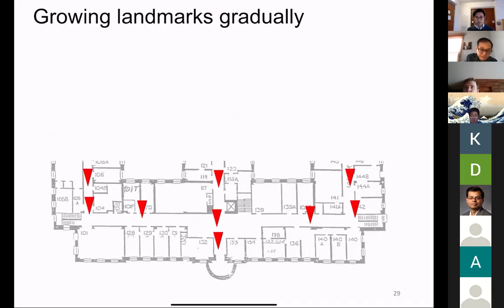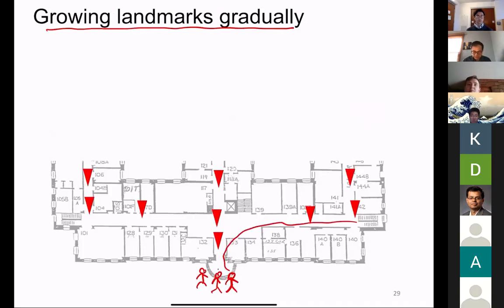So remember, the landmarks are growing gradually. Everyone is, let's say, starting from the entrance of the shopping mall. So the first person walks, the second person walks, the third person walks. So this is why the first landmark that gets estimated is this landmark, which is closer to everyone's starting point.